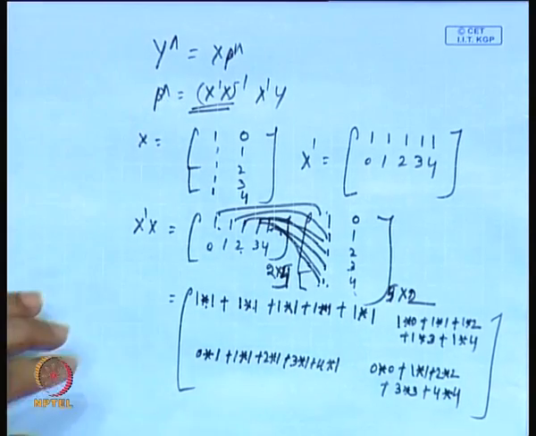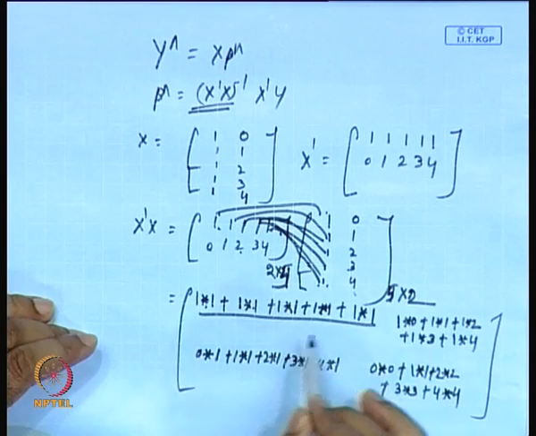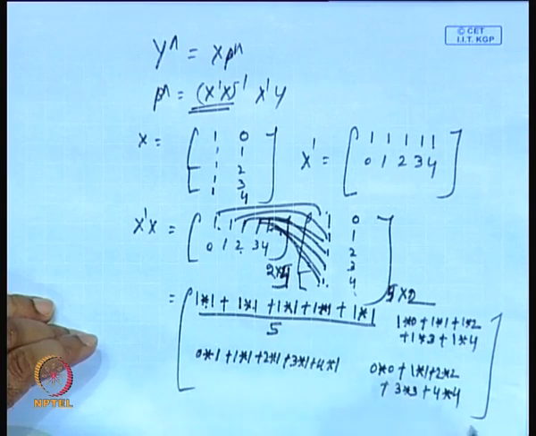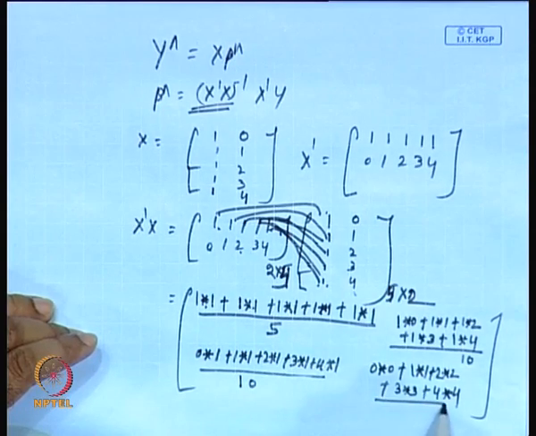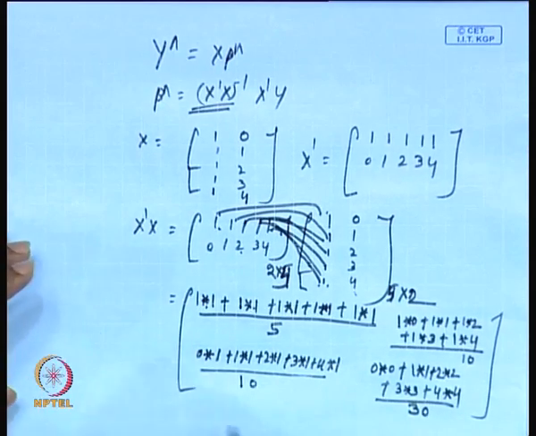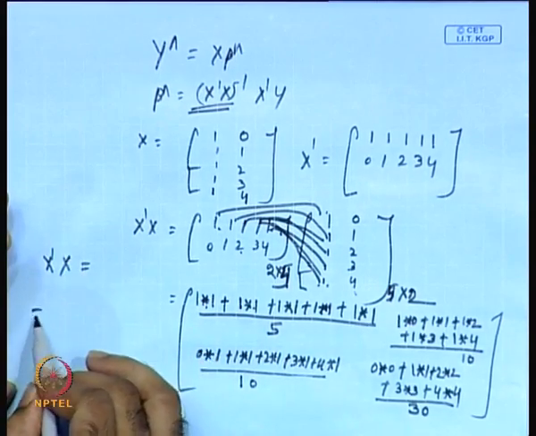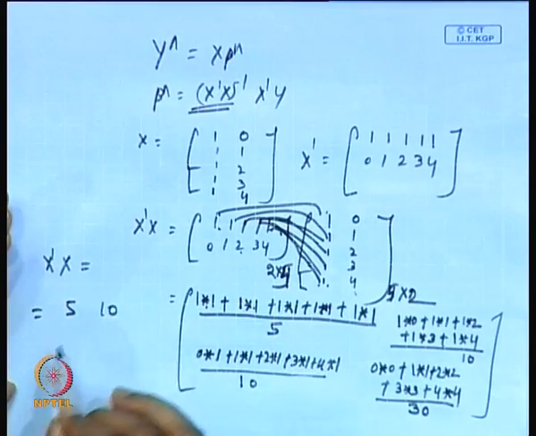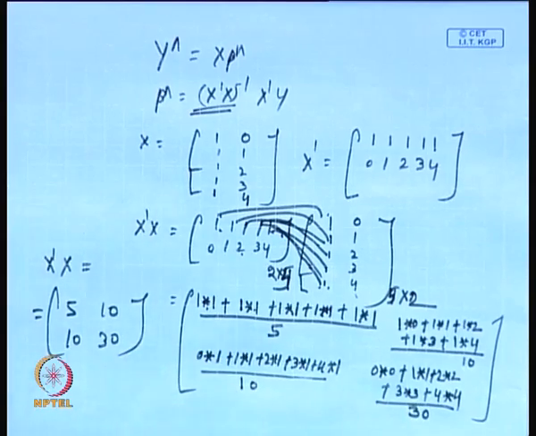This is the entire result. Now if we simplify, the first will be 5, the second will be 10, the third again 10, and the last remains 30. So x transpose x equal to 5, 10, then 10, 30.